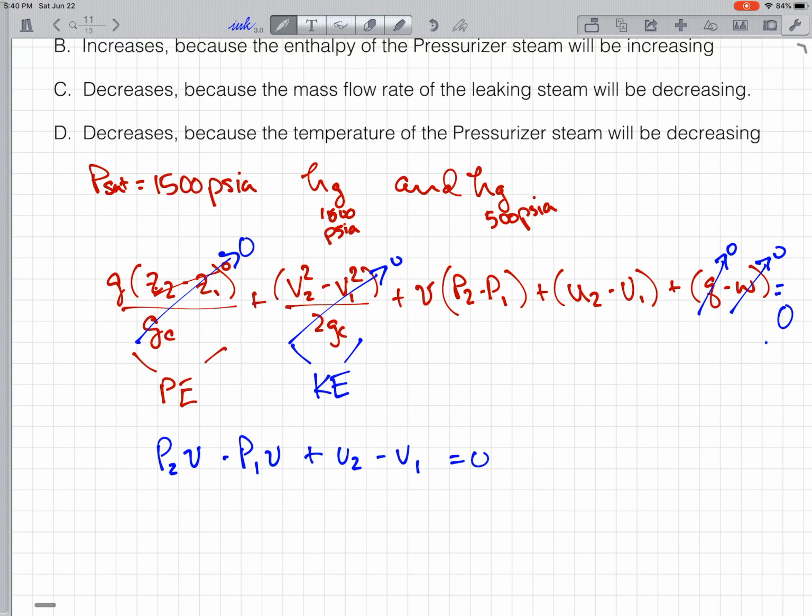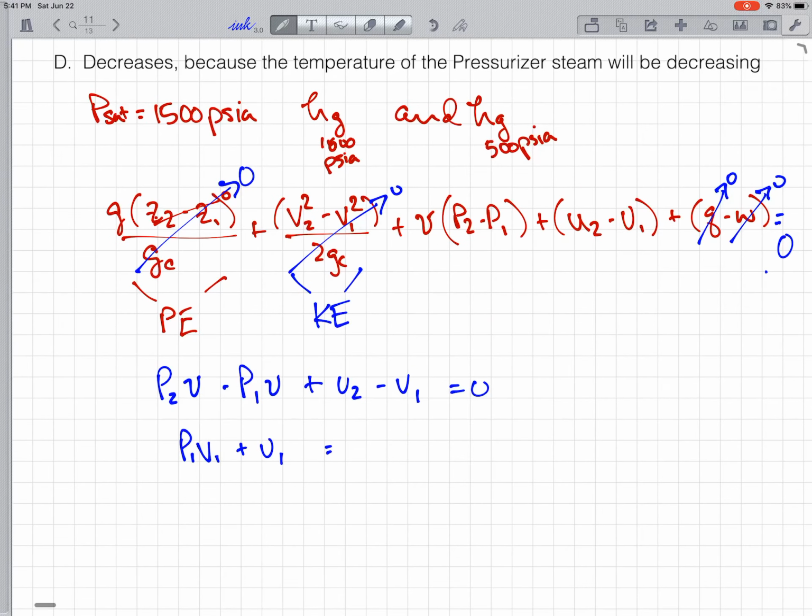So what we're going to get down to is P1 V1 plus U1. What's that equal? Well, that's going to be enthalpy at stage 1.